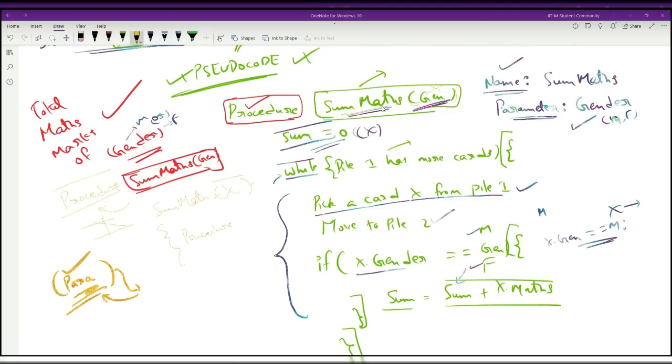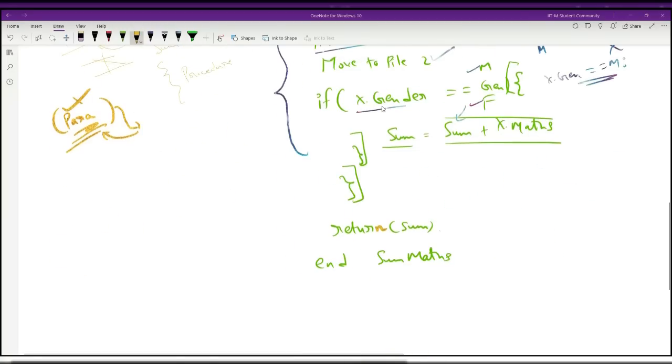Making note of this point will help you to discover options which are only related to this parameter. See, for example, say sum maths we wanted male. To confuse us, the question paper might have two options which include the gender female as well. But our declared parameter is male only. So we would be able to make out that the options which are relevant to female are wrong, right?